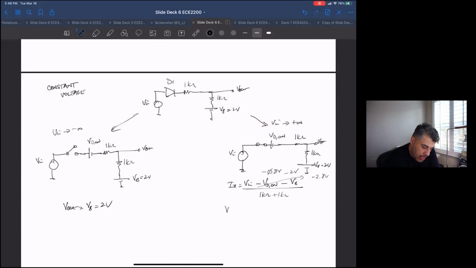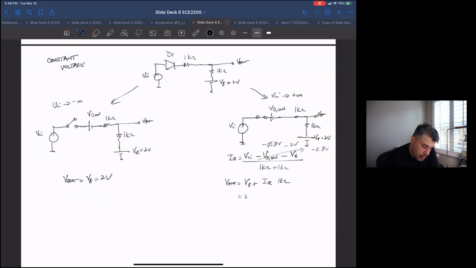Then V out, we again do KVL from here to here, and I ended up with VB plus I sub x times 1K ohm. So 2 volts plus Vn minus 2.8 volts over 2K ohm times 1K ohm.